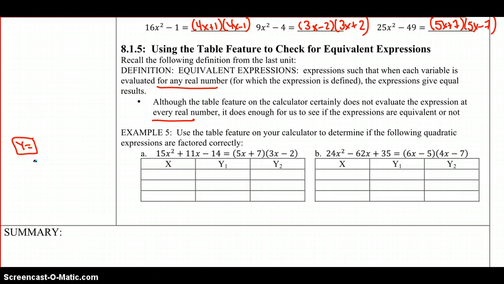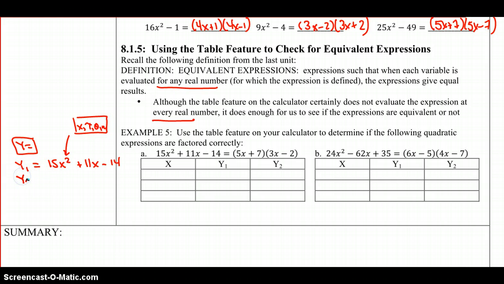to get into that graphing view screen. And next to y1, we're going to type the left side of the equation. So 15x squared plus 11x minus 14. And again, to get an x, you're going to use that button that looks like this. Okay.